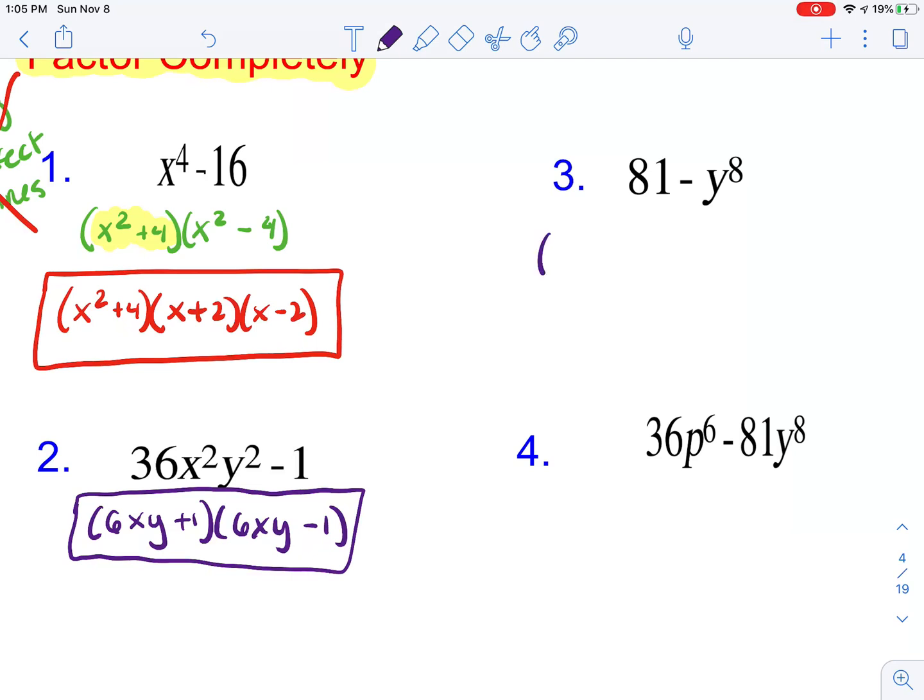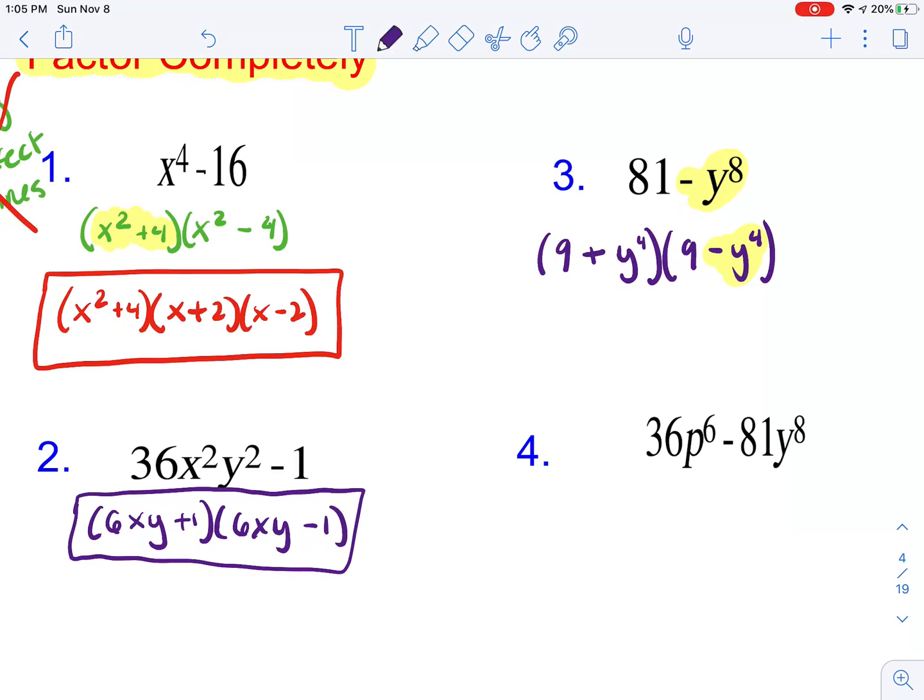So if 81 is in the first position, then when I factor it, the 9 must be in the first position in both parentheses. Now, why is that key? Well, remember, this negative is in front of the y to the 8th. So the negative within the question has to be in front of the y variable.